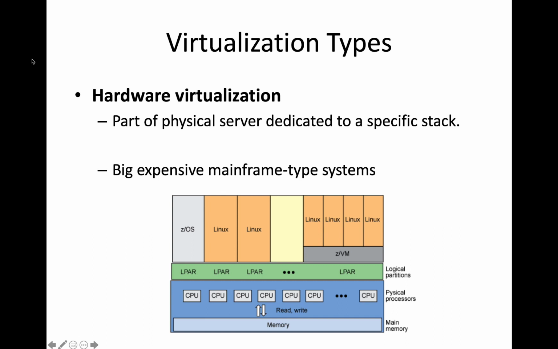Typically, you see this sort of hardware virtualization in something like really big mainframe type systems. Like these massive IBM mainframe systems that essentially have, in some cases, hundreds of physical servers that are located within this larger mainframe chassis.